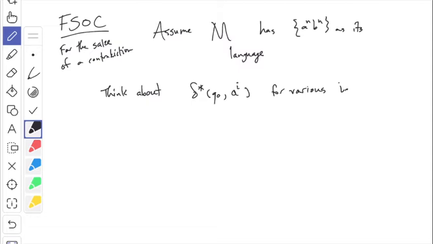Where does it end up after you do that? Now, I have no idea what the DFA looks like. This is a hypothetical DFA, but it's got to go somewhere if you start in the starting state and then do A a bunch of times, right?